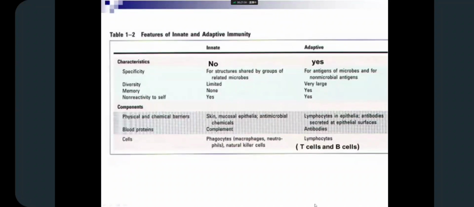Okay, everybody, let's see the table. The table shows the features of innate and adaptive immunity.